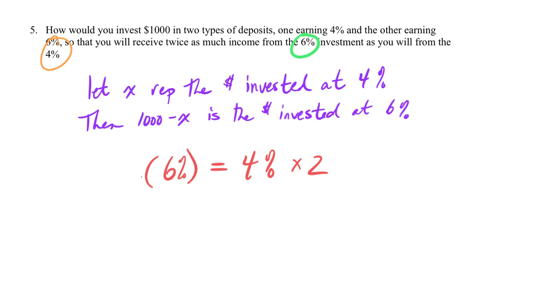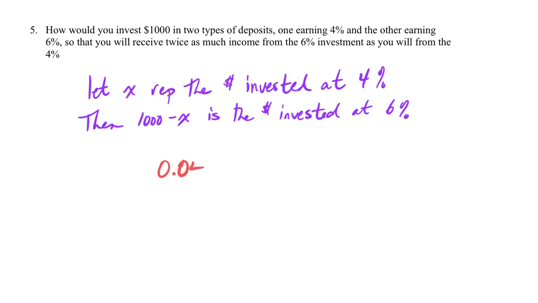Okay, let's actually create a good equation then. What I need to do is talk about the income, so the percentage that I'm going to gain on each. Take a look back at my first let statement. That's X, that's the amount of money. I'm making 4% on that. So I'm going to get 4% on every dollar I invest in that deposit. So there's my 0.04x. Same thing as before, make sure that we don't call it a 0.4.